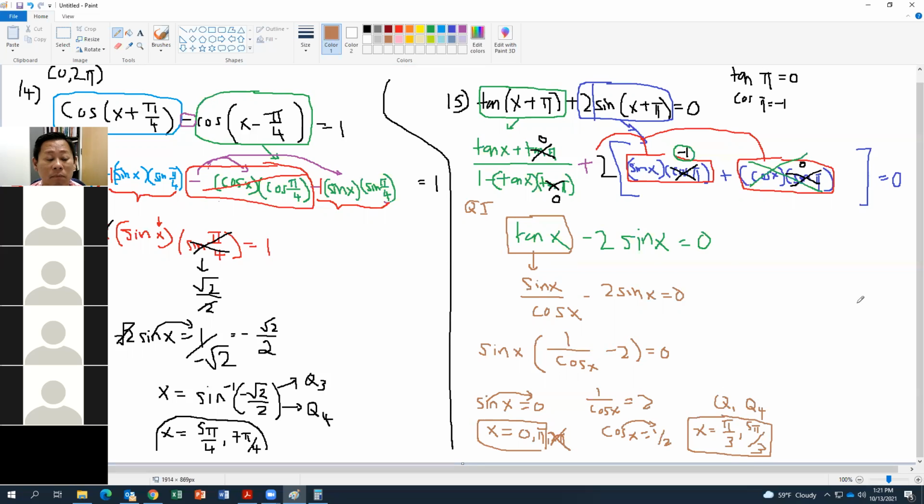I didn't get how you got the first one, the sine x, the 0 and pi. You set this equal to 0. How did you get the pi? If you look at your values here, sine is your y value, right? So the y value that gets 0 is either 0 or pi, and 2 pi.